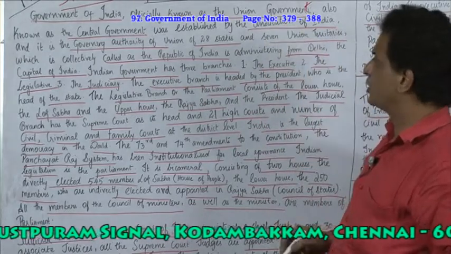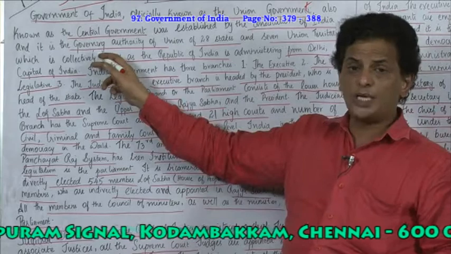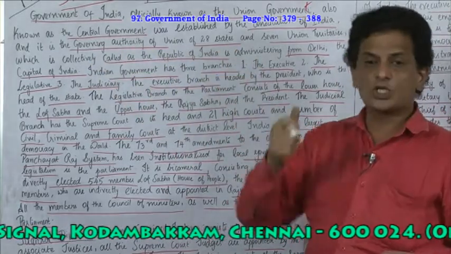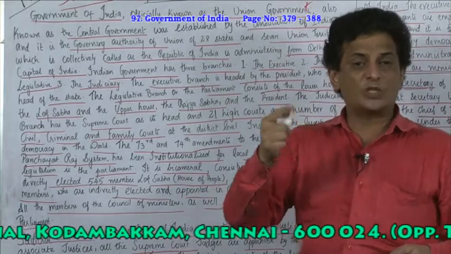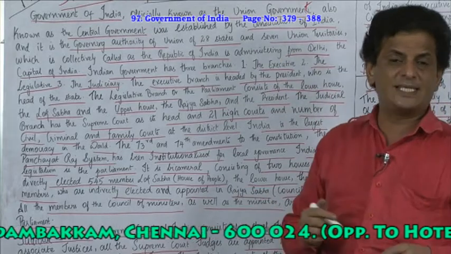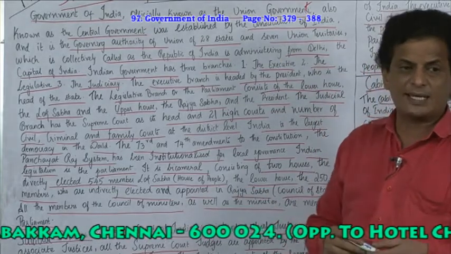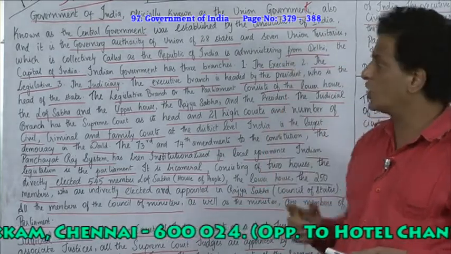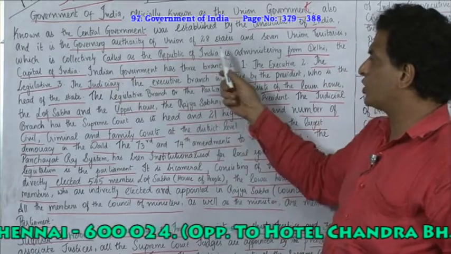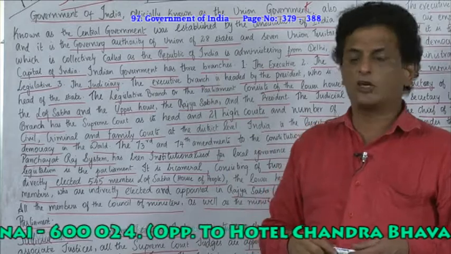Constitution means the written document of India, and it is the governing authority of the Union of 28 states. The central government has control over 28 state governments and 7 union territories. A union territory is not a state, but it is controlled by the central government, which is collectively called the Republic of India.